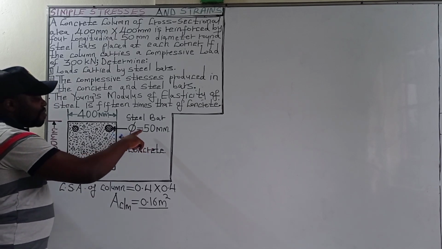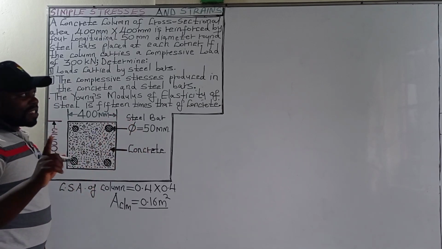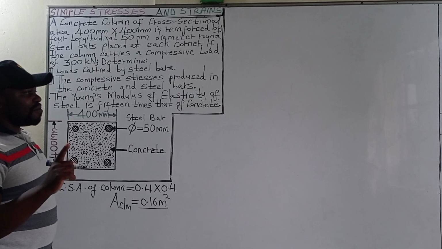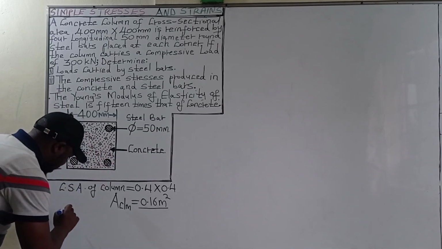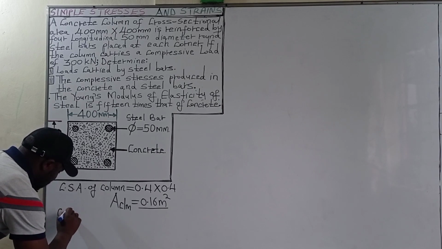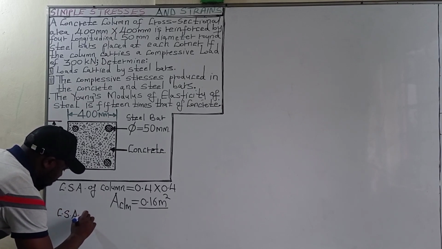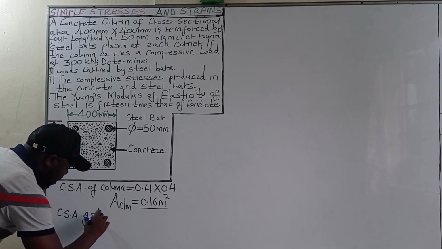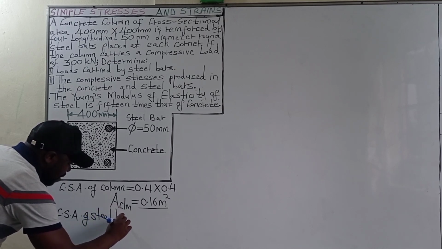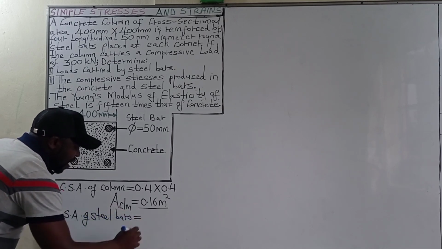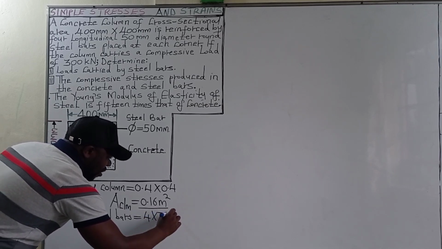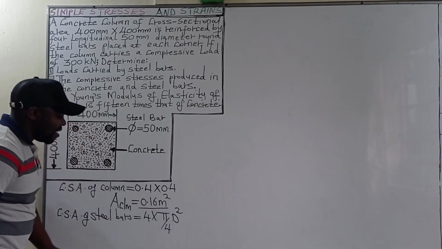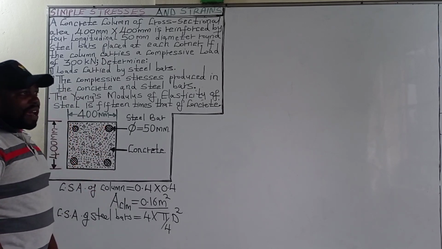Then the area of the steel, we have 4 steel bars, and in this case we are going to determine the area of the 4 steel bars. The cross-sectional area of steel bars will be given by 4 times pi over 4 d squared, since we have 4 of them.